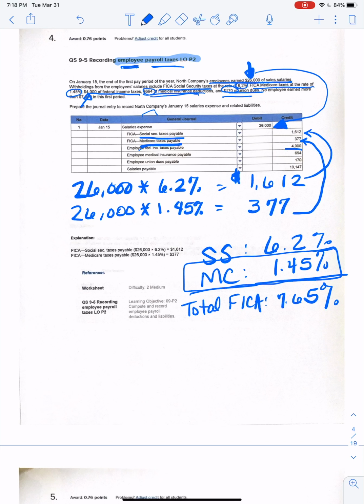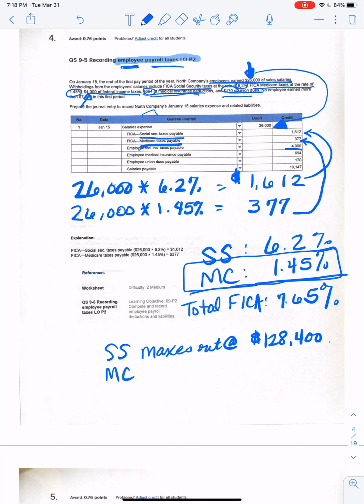Well, the limit on Social Security taxes, so Social Security maxes out at $128,400. And what that means is you don't pay Social Security taxes on any money you make in excess of $128,400.